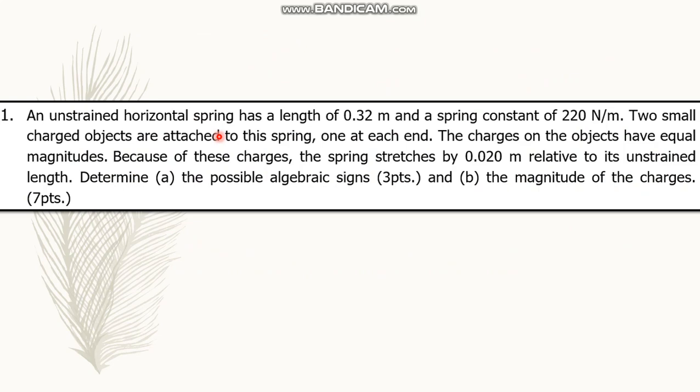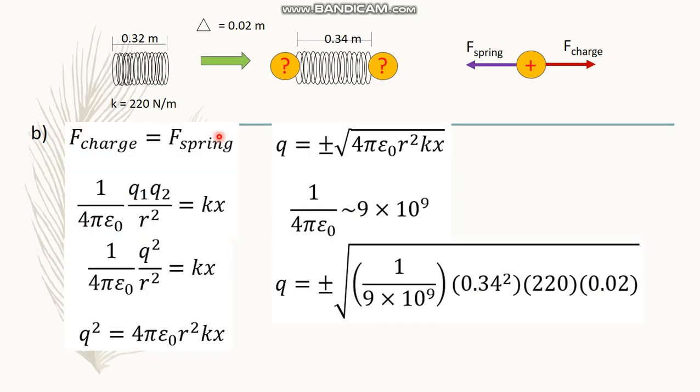Okay. For B, the magnitude of the charges. So again, after you attach the charged objects to the spring, the result is that the spring stretches from its unstrained length. So if you consider only this charged object and look at the forces acting on it, we assume the charged object is positively charged, so we have these two forces on it.